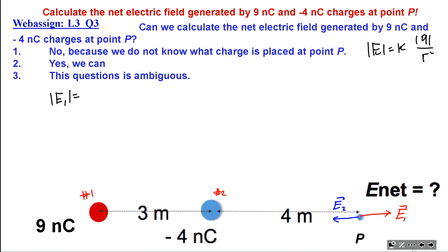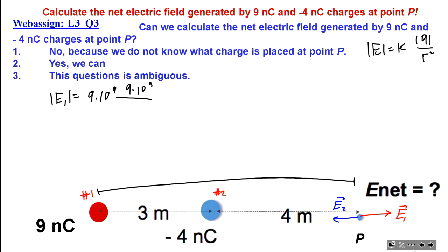First time, we have to use the same constant, and the charge of the first charge, and the distance from the charge to the location where we are calculating field. And that will be 7 meters, and we have to square it. And the unit will be a Newton over a Coulomb.